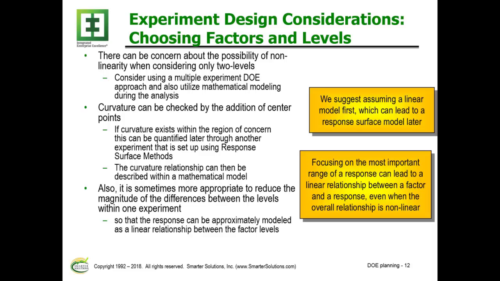We can add points halfway between the levels and see if there's some curvature. Because when we do 2 to the k, we have two levels, and we're assuming a linear relationship between the high and low values. This is a means to check for curvature and then make appropriate adjustments in a follow-up experiment.